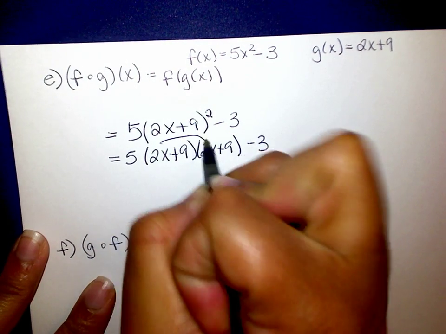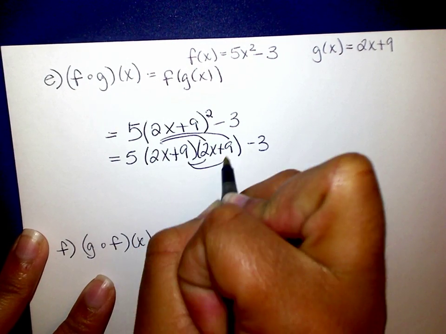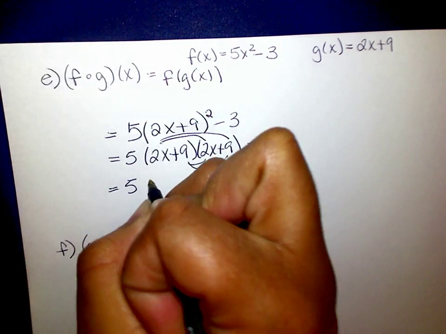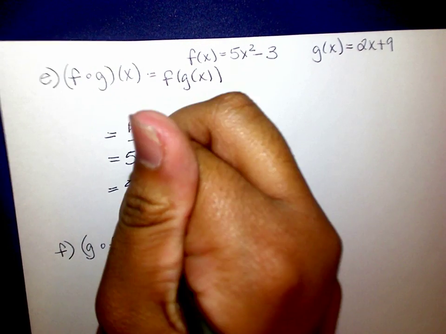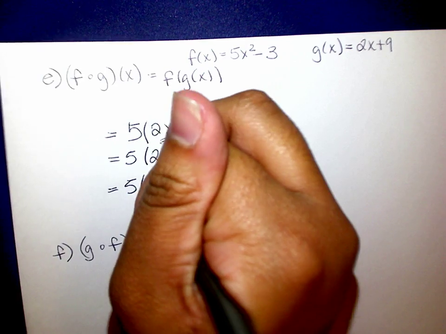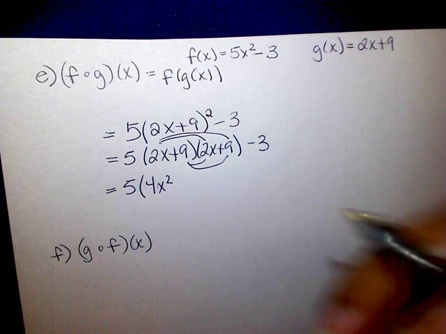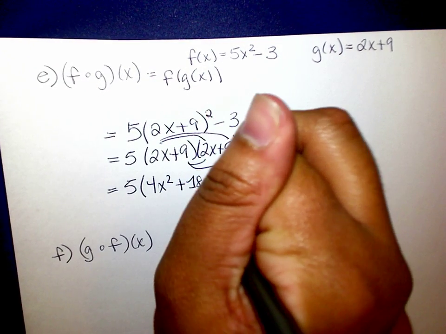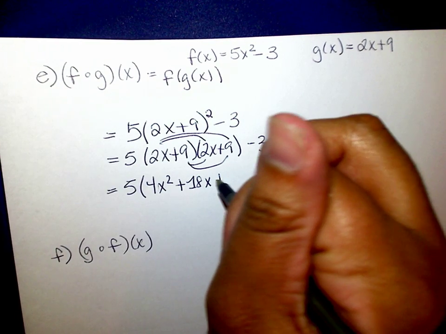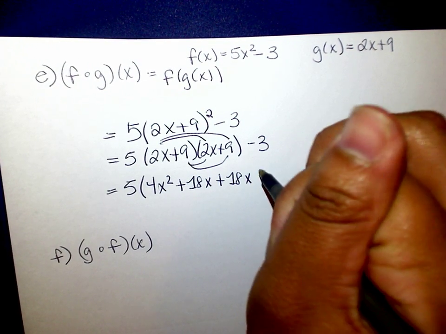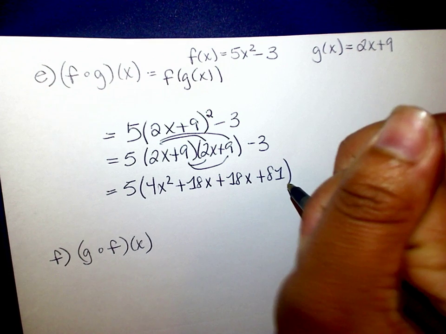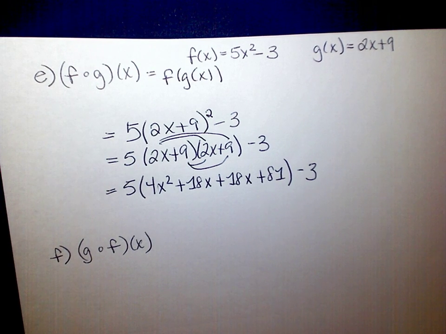So we get 5 times 4x squared plus 18x plus 18x plus 81 minus 3. So now we can combine like terms.